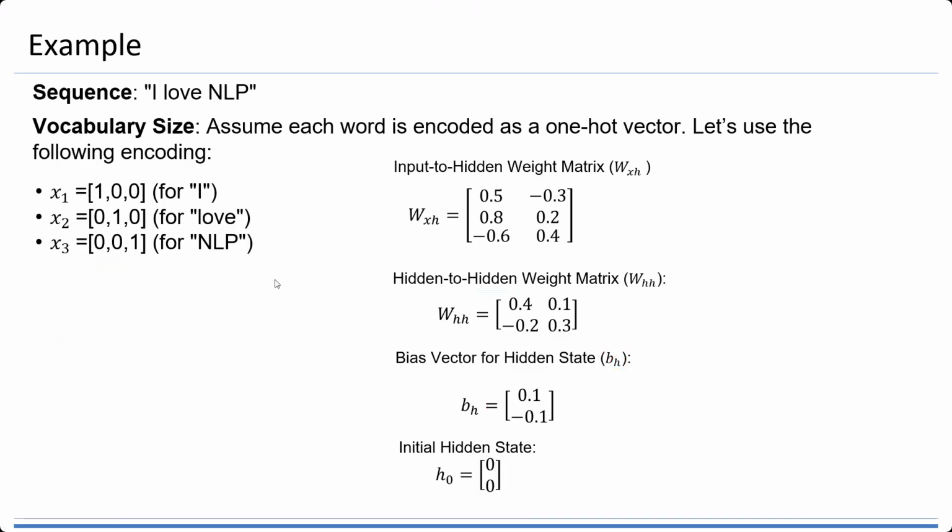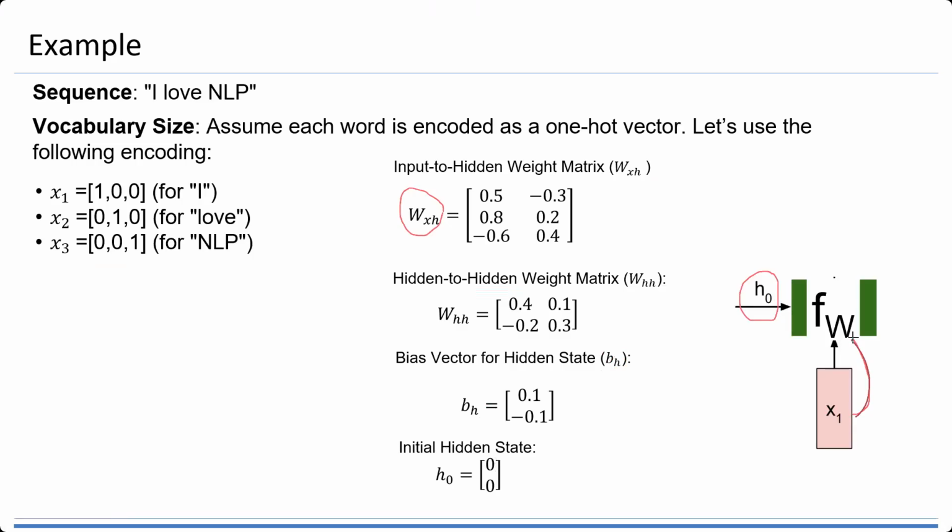Now, in order to do the RNN, we have this initial value. H0 is the initial hidden state, and then we have the x, which is computed through the W_xh, and then we have the h, computed from h0 into h1, and the calculation will be added with the bias.